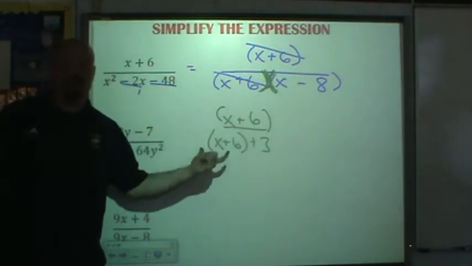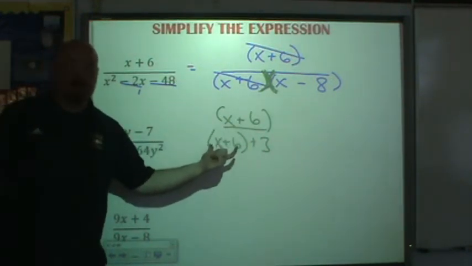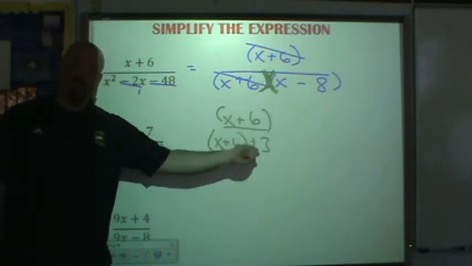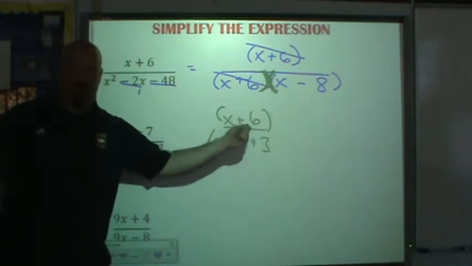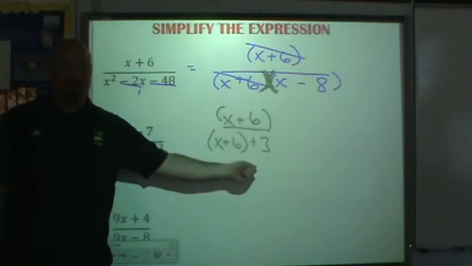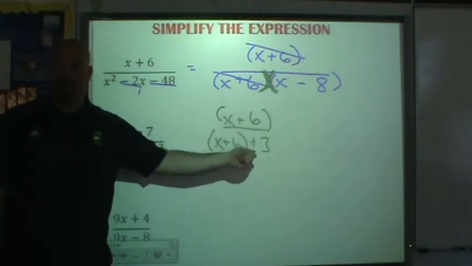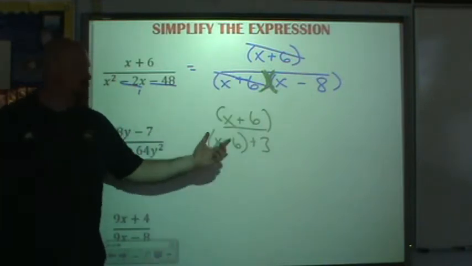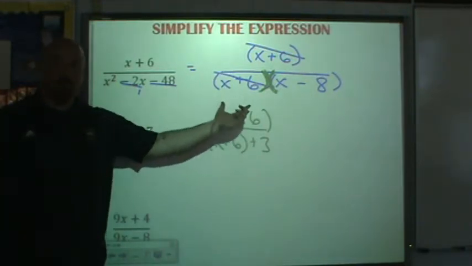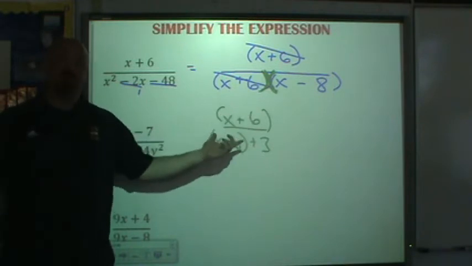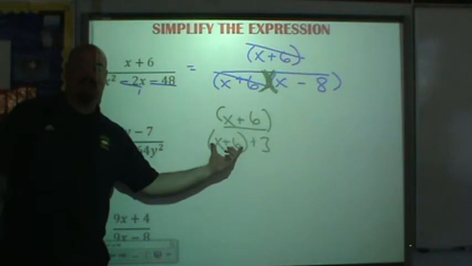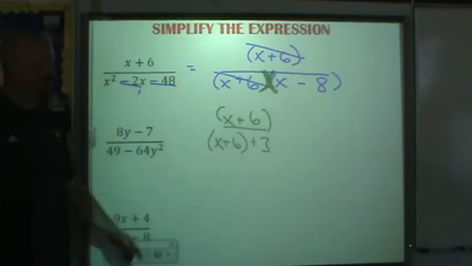So even though the parentheses are there, it's not being multiplied by something. It's being added to something. And addition is a very restrictive operation. It's very strict rules, okay? Multiplication is kind of just like in college, does whatever it wants. You can't cancel these, even though there's parentheses. Yes, but these parentheses are not indicating multiplication, so you cannot cancel in that case.